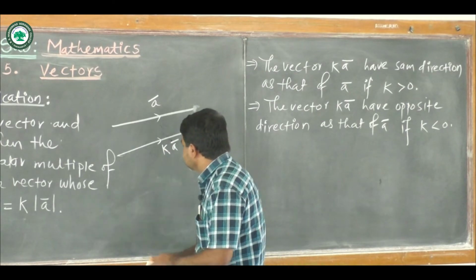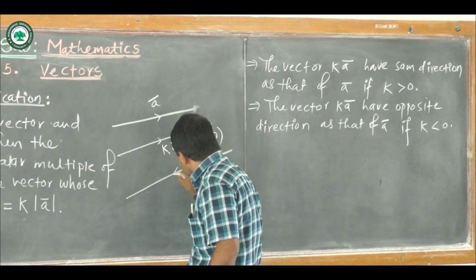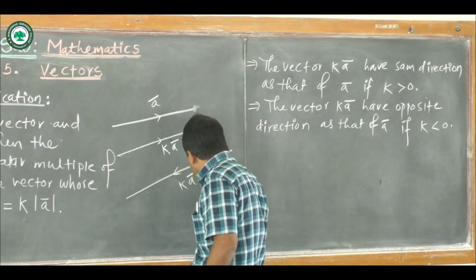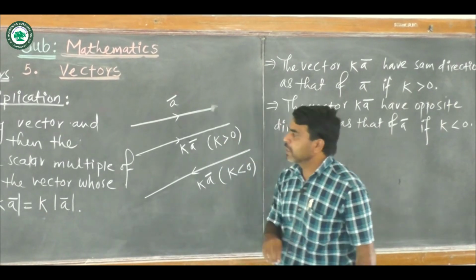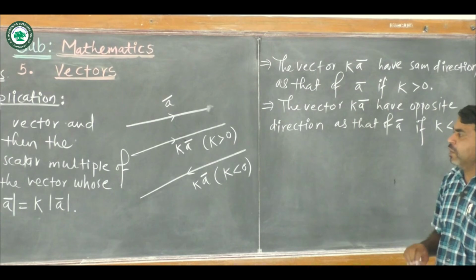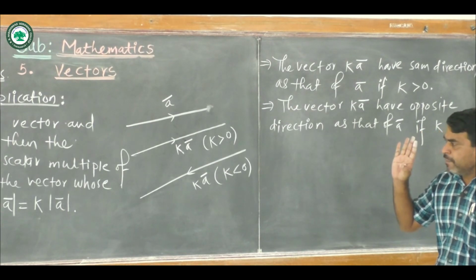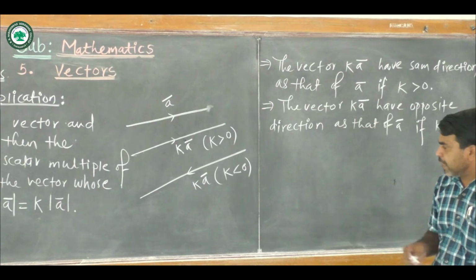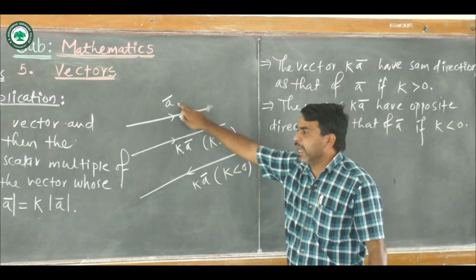See, so this is k into a bar if k is less than 0. See here, this is the scalar multiplication of a vector. If a bar is any vector and k is scalar, then k into a bar is the scalar multiple of vector a.